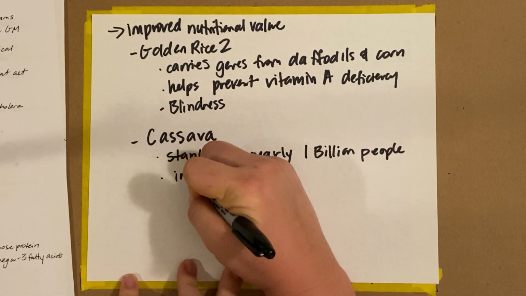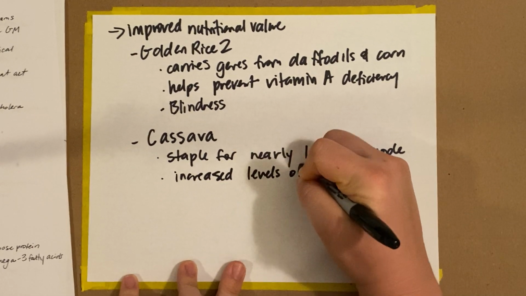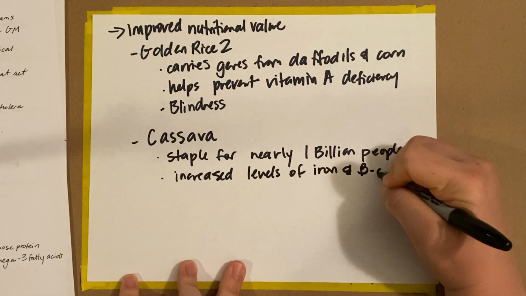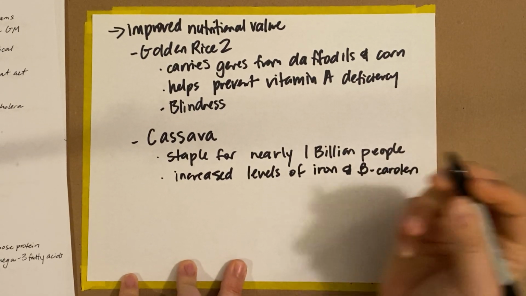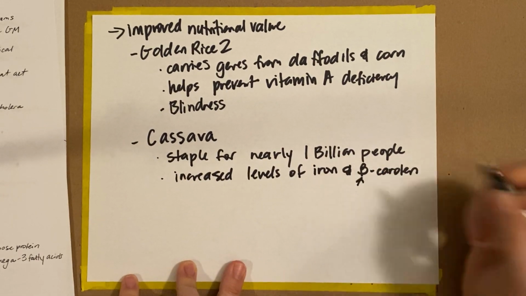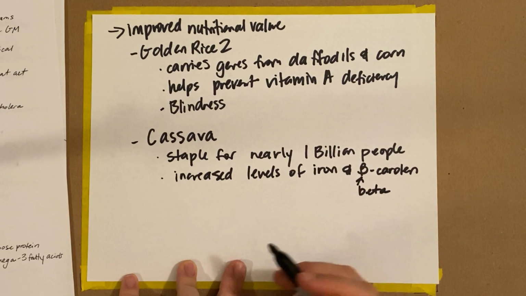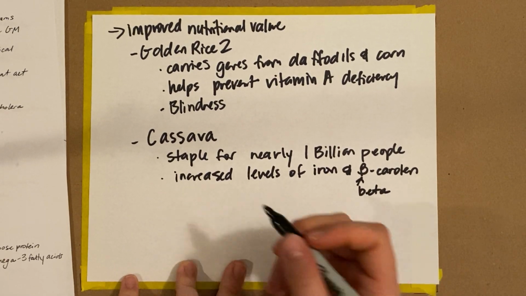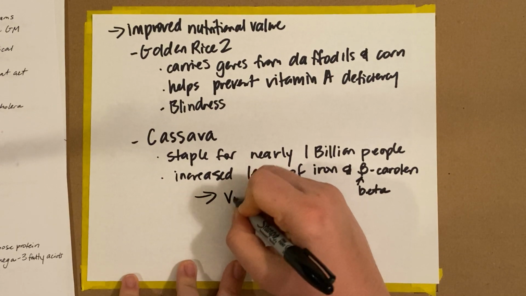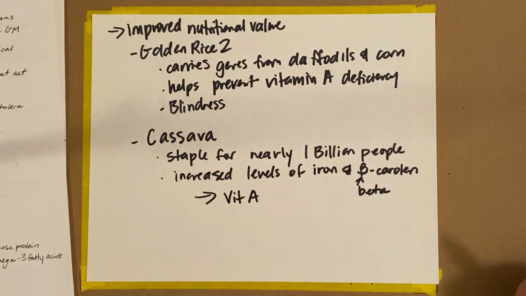Sorry, you spell beta like this, this is the symbol for beta. Beta carotene can also be converted to vitamin A. So again, it helps deal with things like blindness.